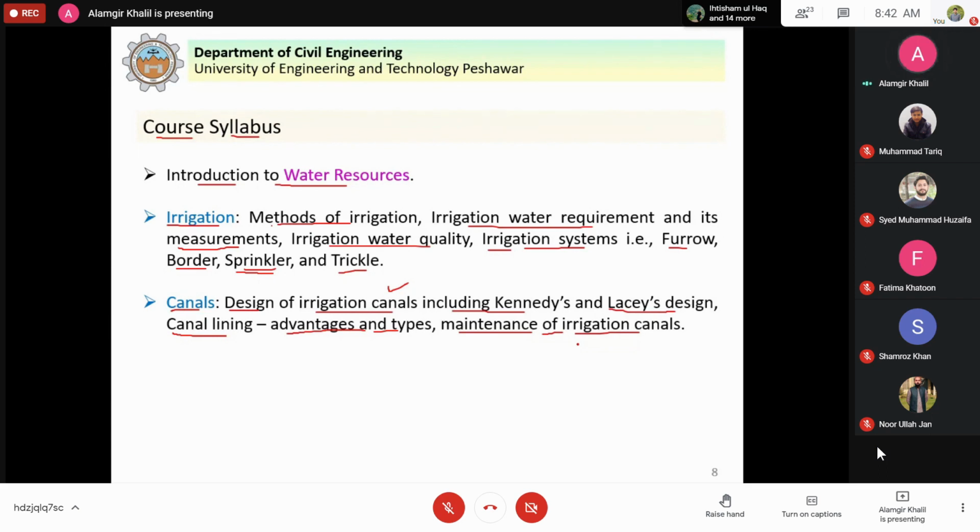You might have frequently heard in the news that especially in Punjab, the cleaning of irrigation canals is done every year to remove any waste materials that are deposited, because they adversely affect the water carrying capacity. So we will study about maintenance of irrigation canals.